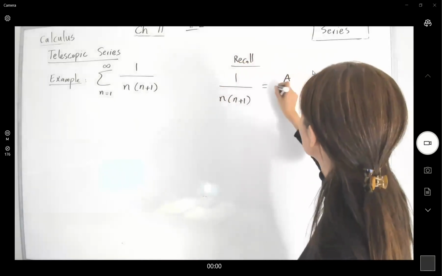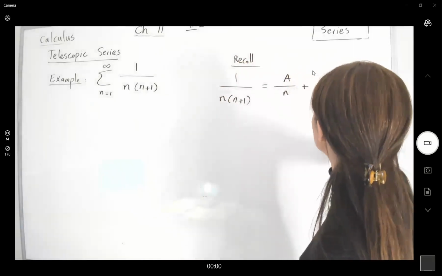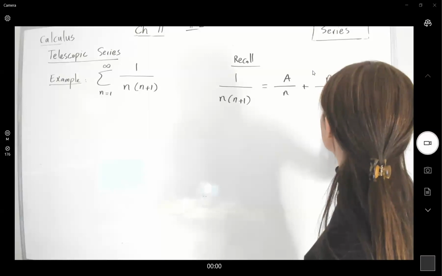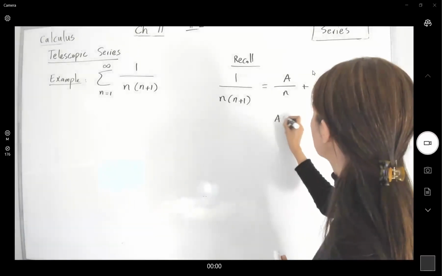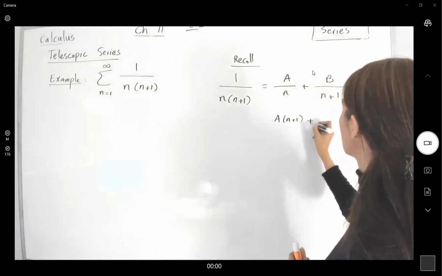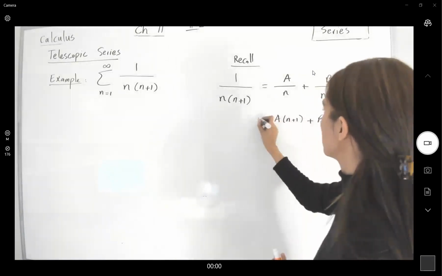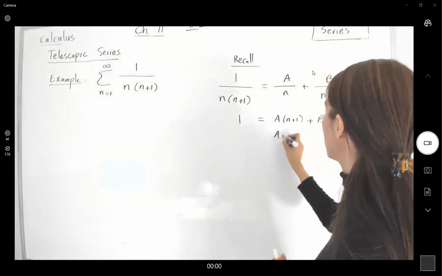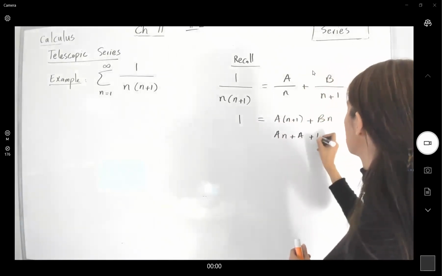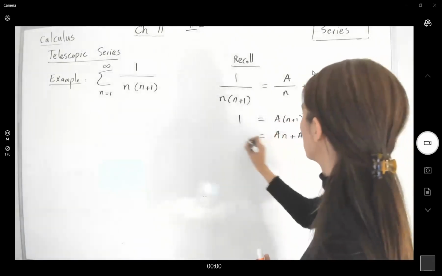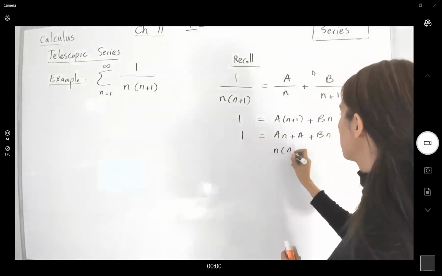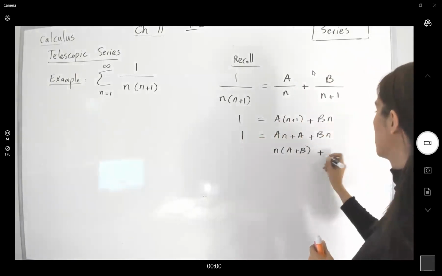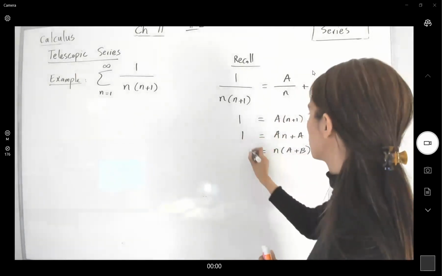It's a divided by n plus b divided by n plus 1. So it means that a times n plus 1 plus b times n is equal to 1, or an plus a plus bn is equal to 1. So if you factor out n, it's n times a plus b, plus a, is equal to 1.